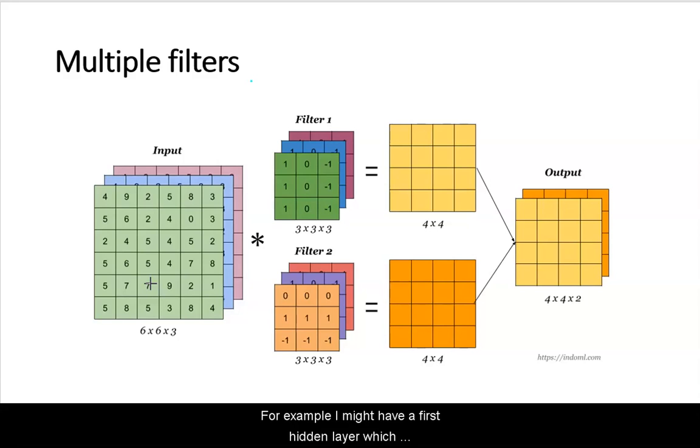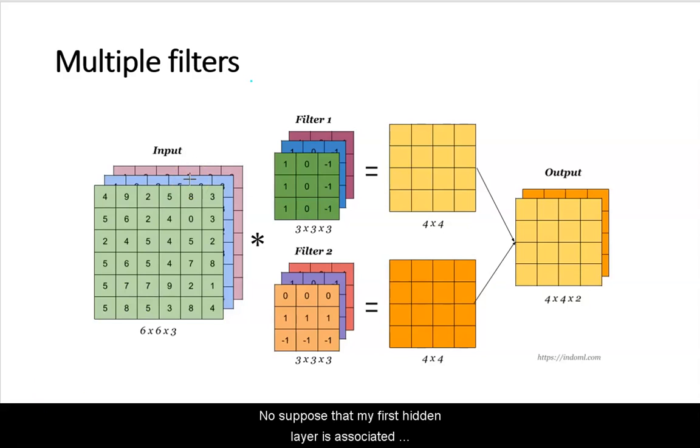For example, I may have a first hidden layer which captures the edges of my objects in the image, whereas the second hidden layer might capture the textures of the object in the image. The third hidden layer may capture, say, the size of the object in the image, and so on.